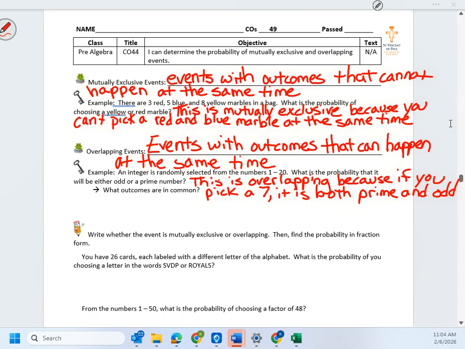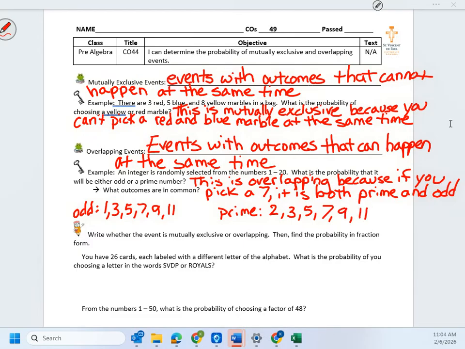So then it says, what outcomes are in common? So for our odd numbers, we know there's 1, 3, 5, 7, 9, 11. For our primes, remember 1 is not a prime. Primes start with 2, then 3, 5, 7, 9, 11.